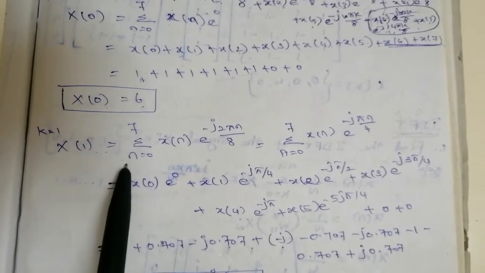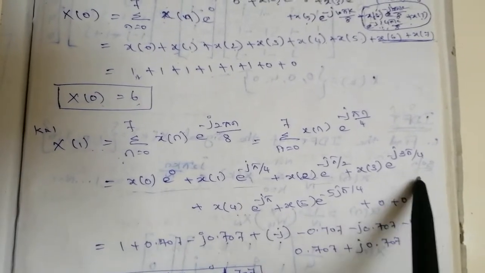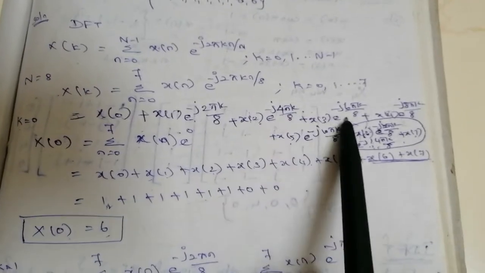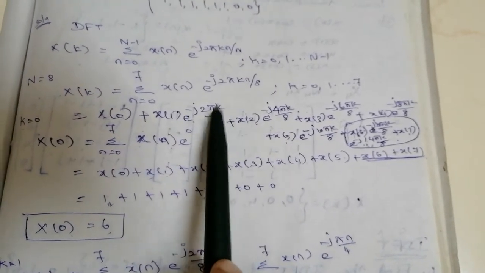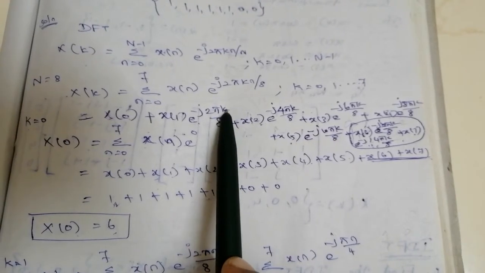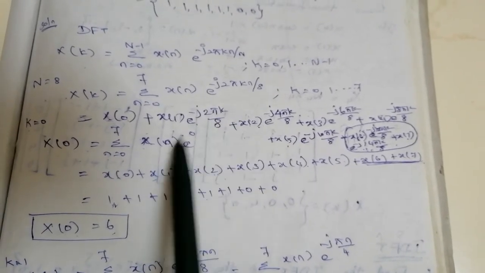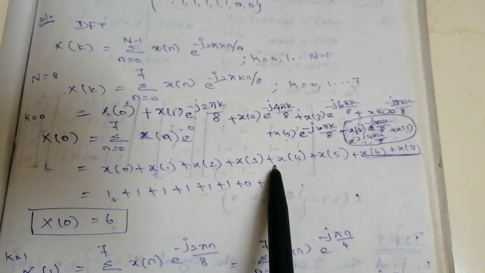Then substitute k equal to 1. Actually, this one is a general equation, and from this equation we are going to substitute the k value from 0 to 7. For k equal to 0 we get the input sequence only.